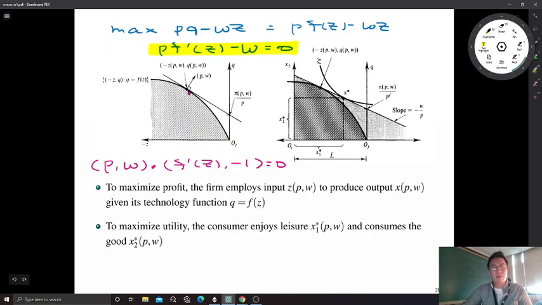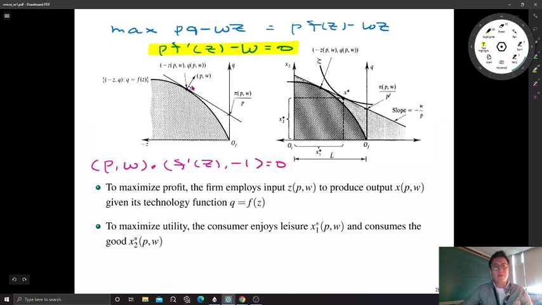So at the profit maximizing production plan, the price vector and the slope of this frontier should be perpendicular like this. So another way to interpret this first order condition geometrically is this perpendicular condition between the price vector and the slope of the production frontier.